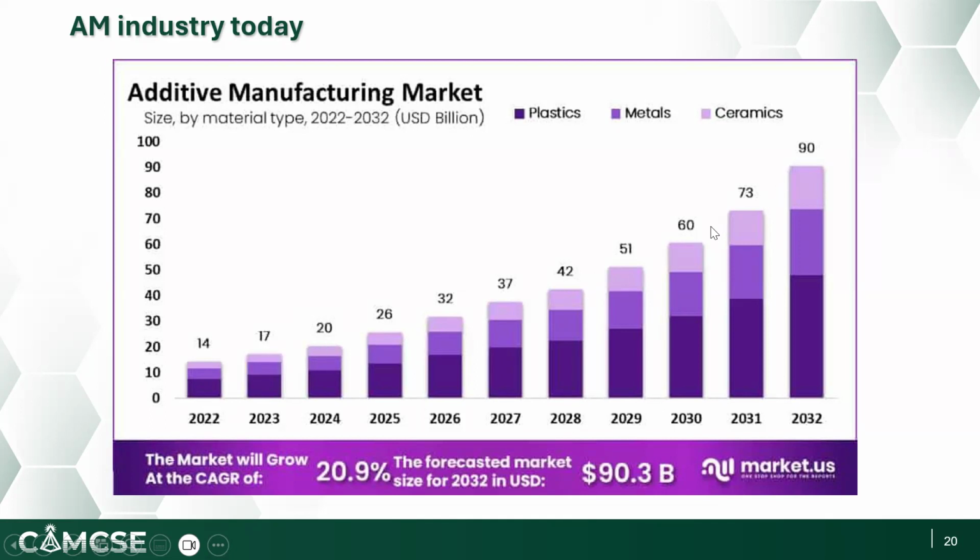You will see that by projection to 2032, the additive manufacturing market will increase up to 90 billion US dollars. This is really a huge number compared to conventional manufacturing. Also, among the additive manufacturing market, you'll see that plastic additive manufacturing shares almost 50%, and then metals share a dramatic percentage, almost 30 or even 40%, and then the rest is for the ceramics industry.